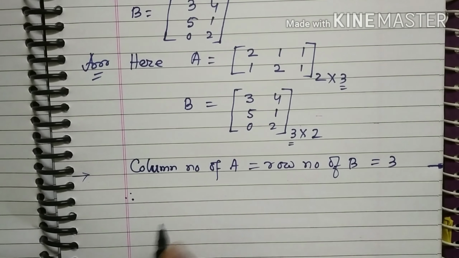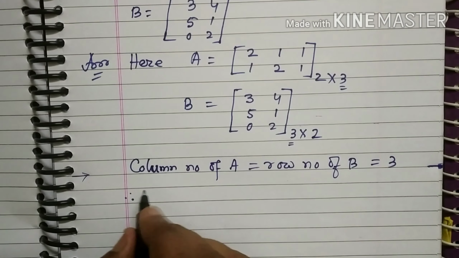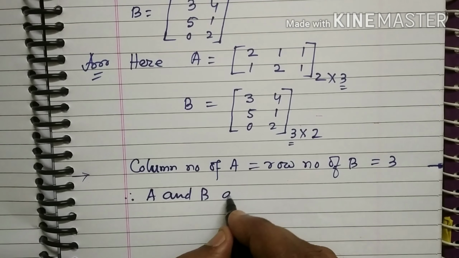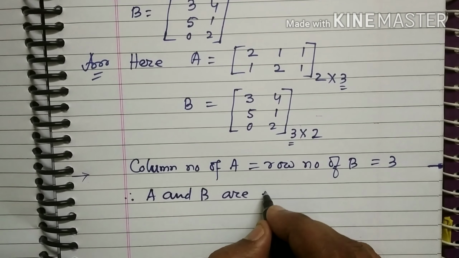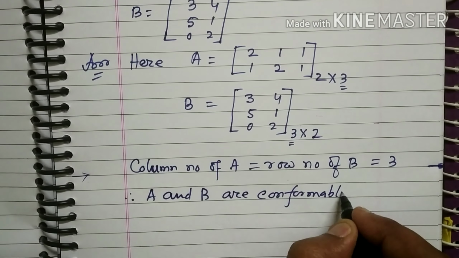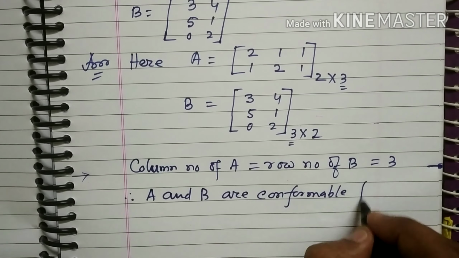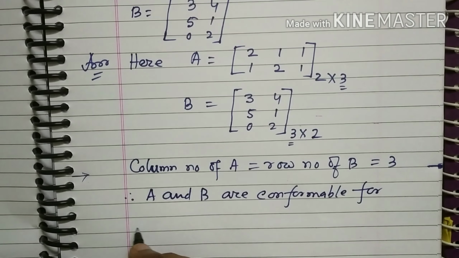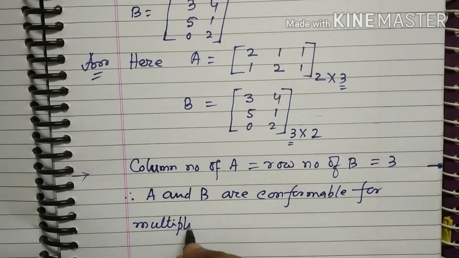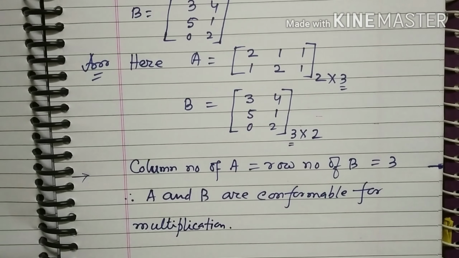Therefore A and B are conformable for multiplication. Clear? So you have to mention it.